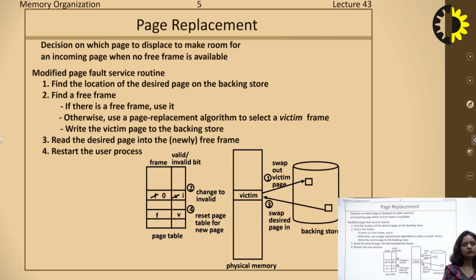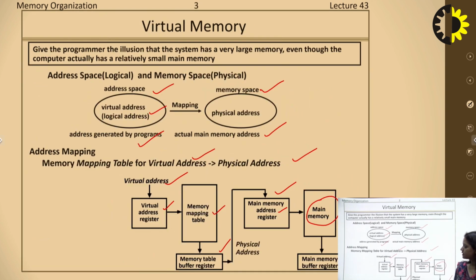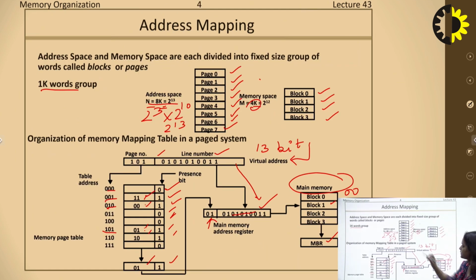Now, what are these page replacement algorithms? Whenever a page is inside the memory and we want to replace it in the virtual memory by some other page, we need a replacement strategy, which is known as a page replacement algorithm. Since the virtual memory is of some fixed size, we can accommodate only 8 pages in this case.